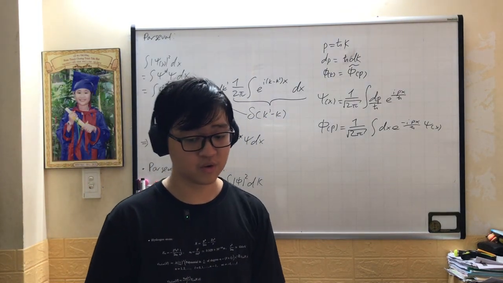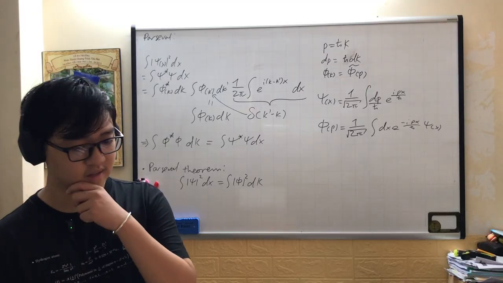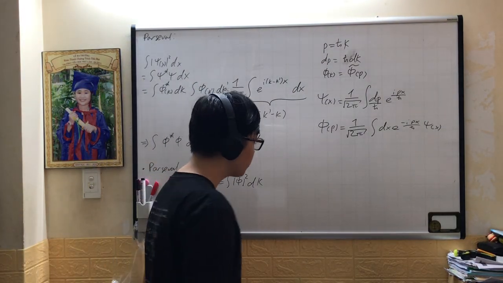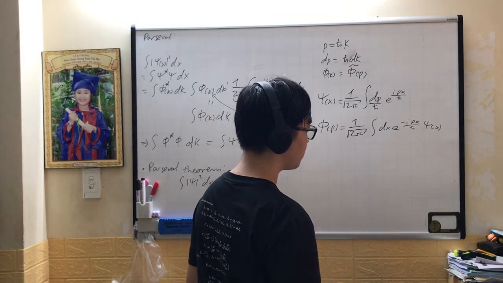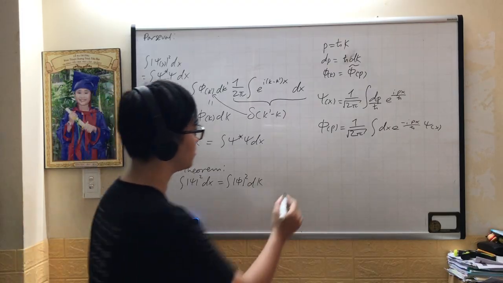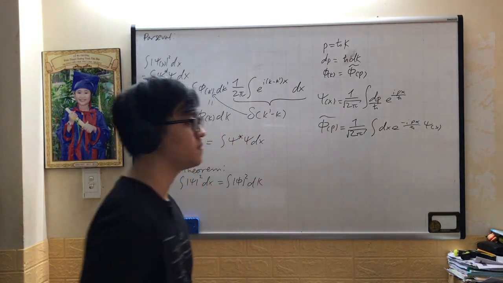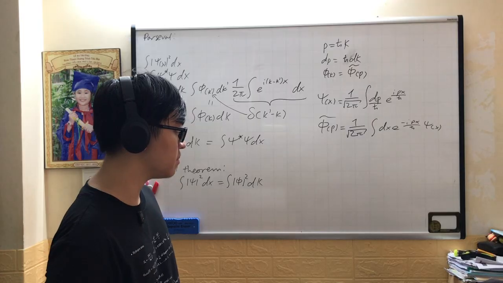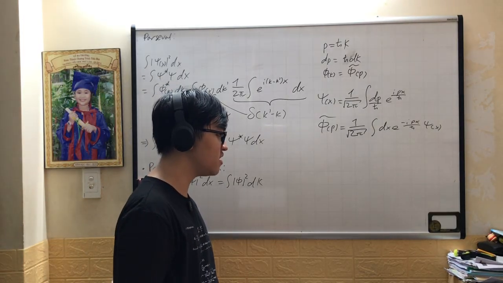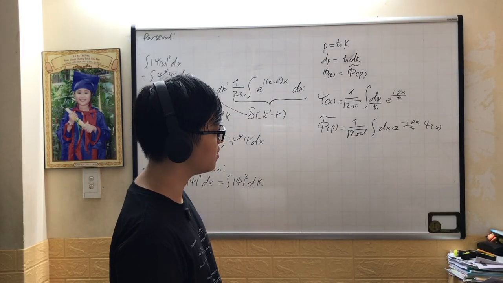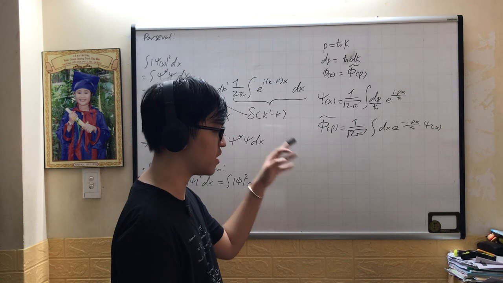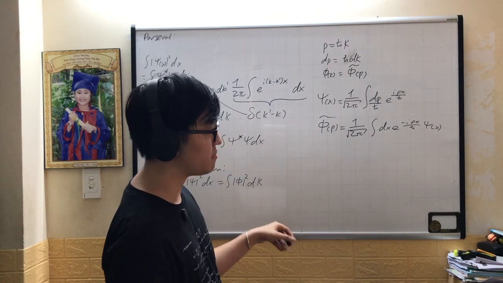So what we would do is that we would want the probability density of your phi tilde to be equal to the probability density of another function of p divided by h bar.